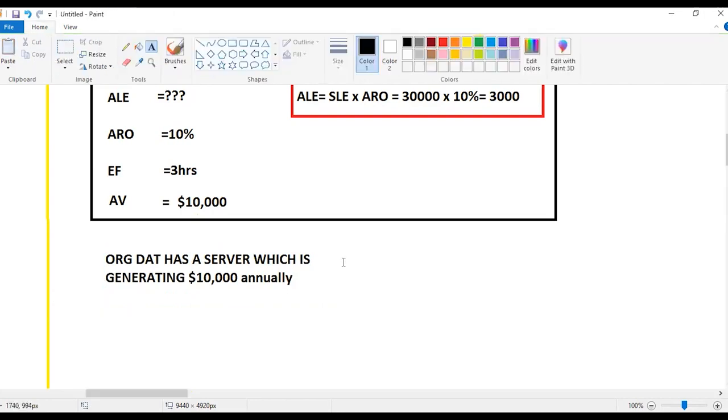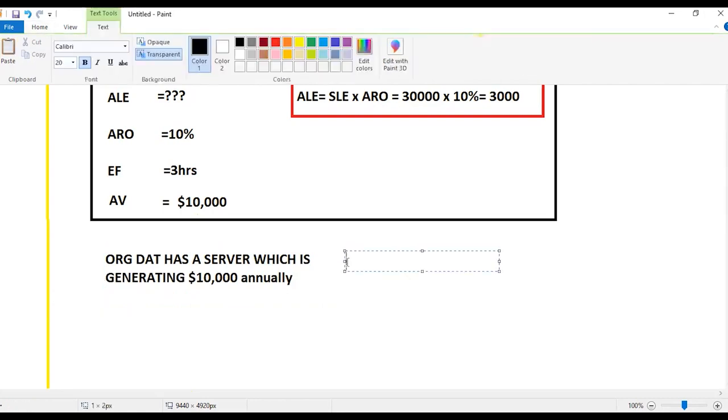Let's say because of some failure due to technical issues, we're going to face downtime. Our server will be down, in an off state, for 3 hours.